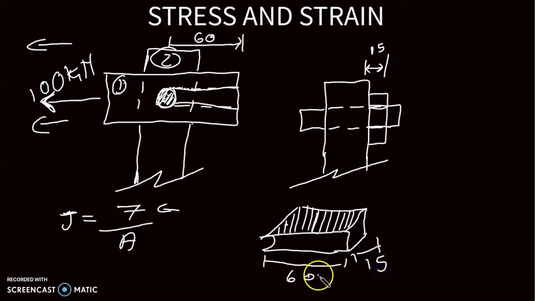So now we do have the area and we also have the force. Let's check. Is the area parallel to the force that is causing it to shear? The force is applied in that direction, which is, yes, parallel to this area that we are dealing with. Therefore, we are going to do the calculations.